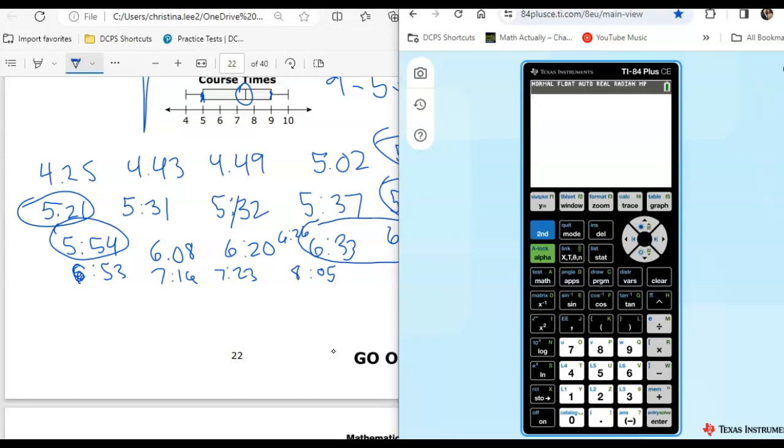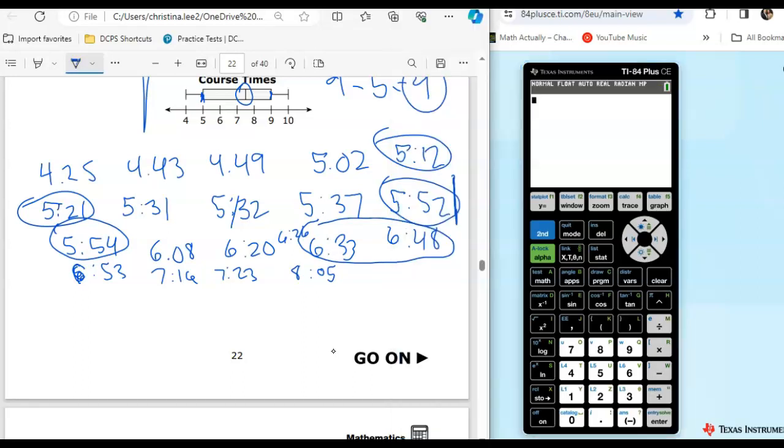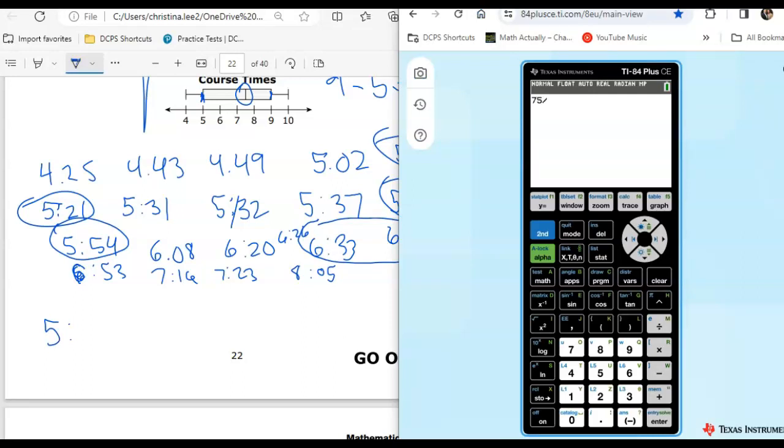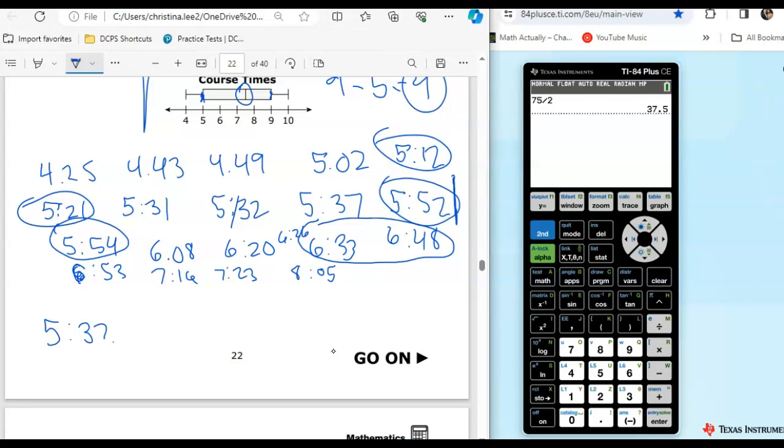If we're looking at the midpoint of 5 minutes and 21 seconds and 5 minutes and 54 seconds, taking 21 plus 54 and then dividing by 2, I'm about to actually calculate that for you. So 75 divided by 2 is 37 and a half, so approximately 5 minutes and 38 seconds, right?